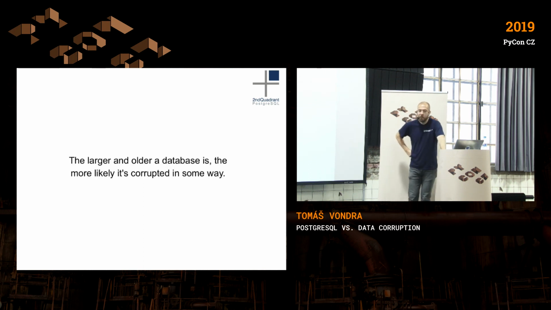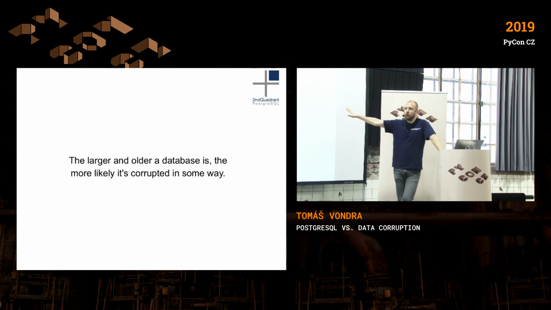And the truth is that the older and larger your database is, the more likely it's already corrupted, right? So you have to accept the fact that your database is corrupted already, and you need to act defensively to limit the damage. This is especially true when, for example, the database was created 10 years ago and went through multiple versions of Postgres updated over the years.